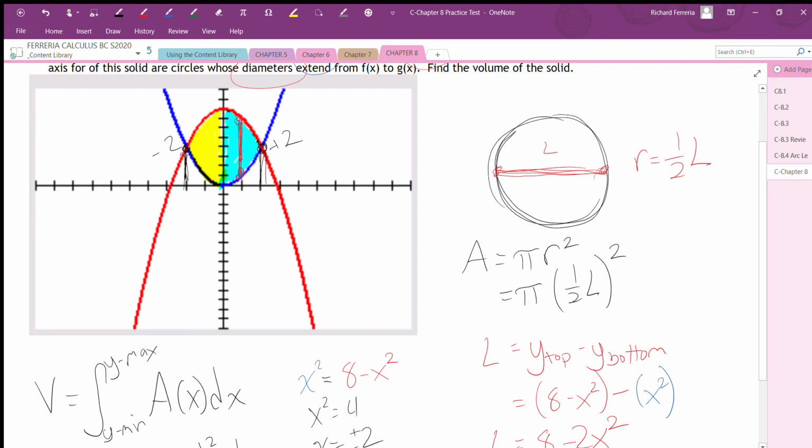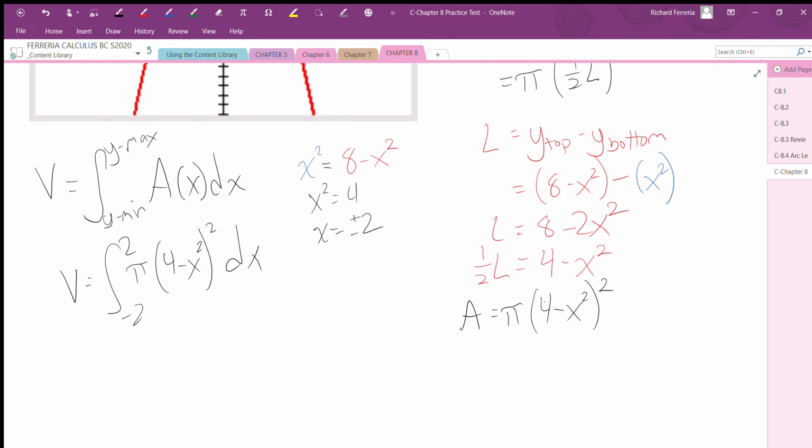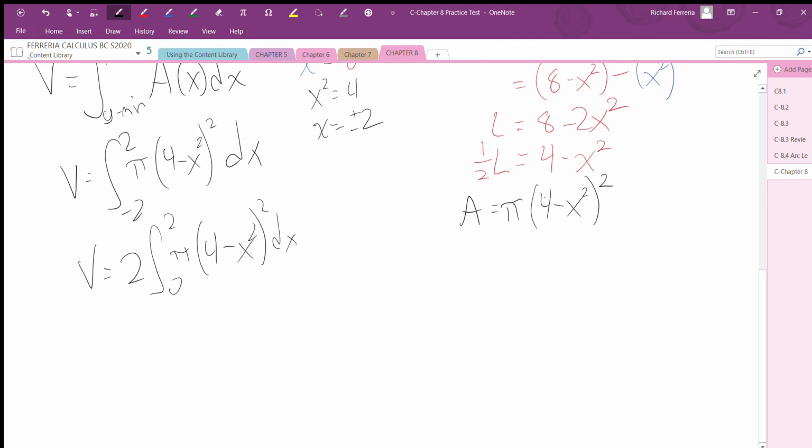So we're going to take advantage of symmetry and say that this is also equal to 2 times the integral from 0 to 2 of pi times (4 minus x squared) squared dx. That's going to help me out when I evaluate the integral.